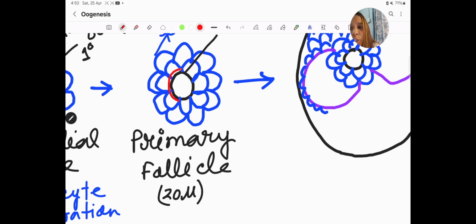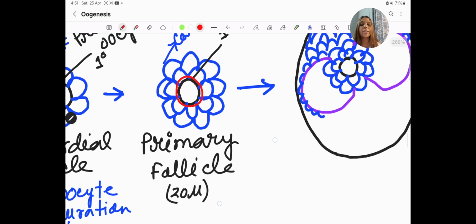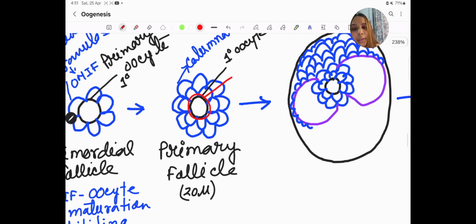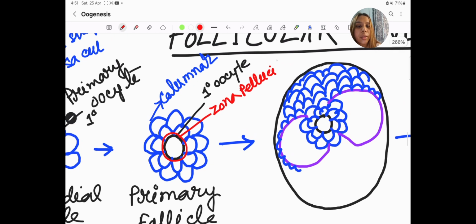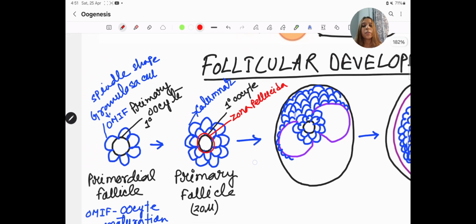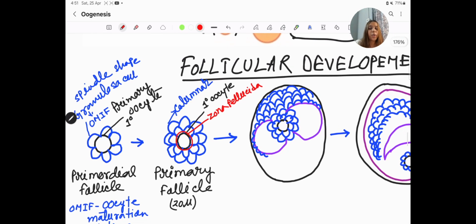This zona pellucida starts appearing during the primary follicle.